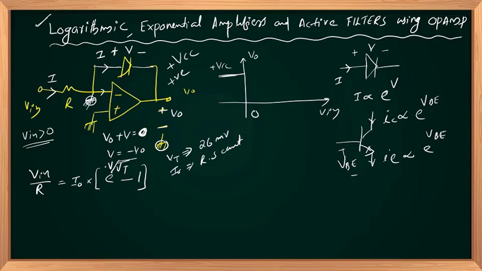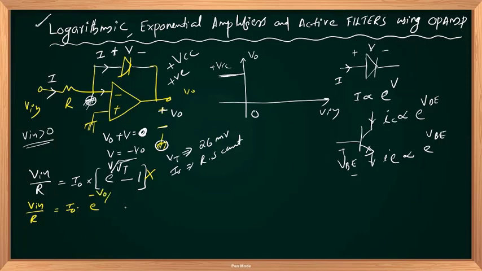Since V is positive, and Vt is 26 millivolts and V is always greater than Vt, exponential V by Vt will be large compared to 1, so you can neglect the 1 while analyzing the circuit. So Vin by R is I naught exponential V upon Vt, and that V value is nothing but minus V out, as we discussed.